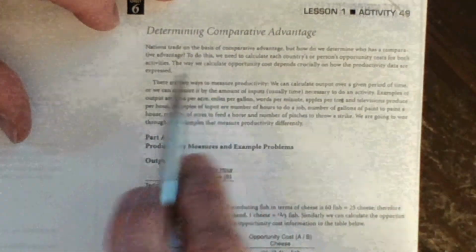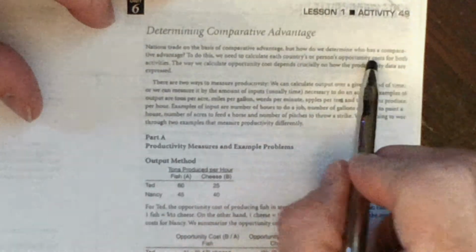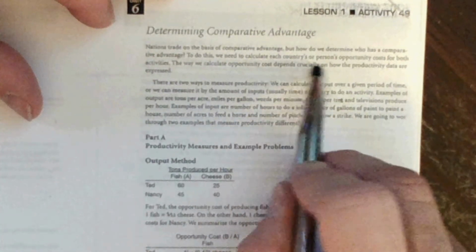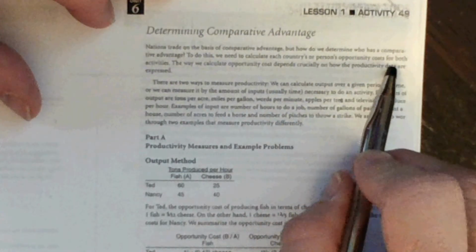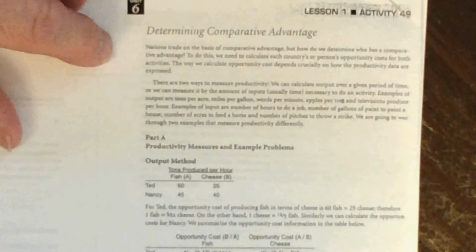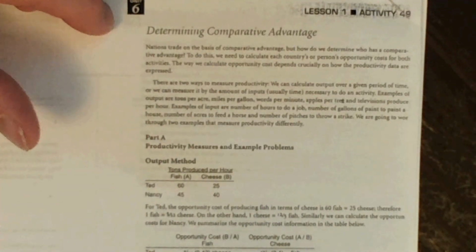Determine comparative advantage. Nations trade on the basis of comparative advantage, as do individuals. But how do we determine who has comparative advantage? To do this, we need to calculate each country or person's opportunity costs for both activities. That's what we did when we started with an input table and worked all the way through to an output table and comparative advantage.